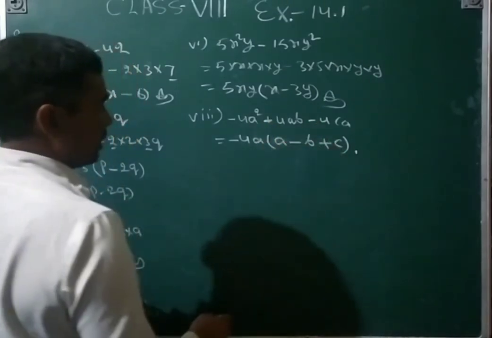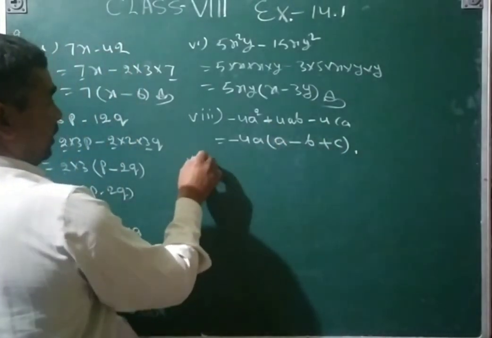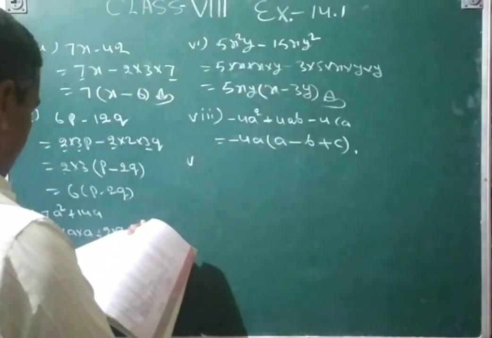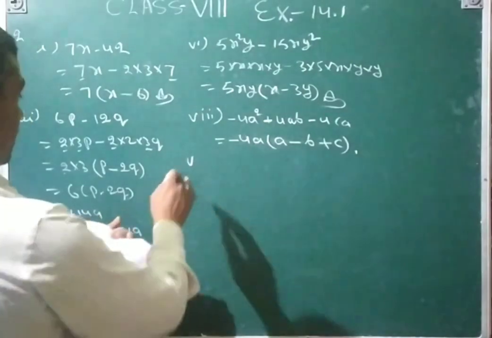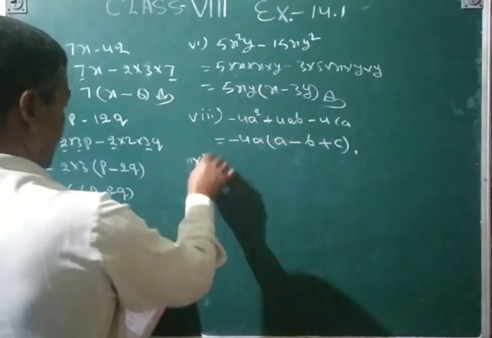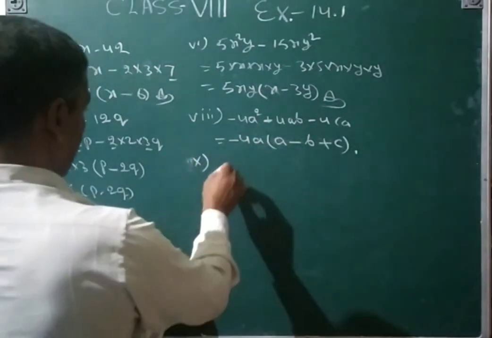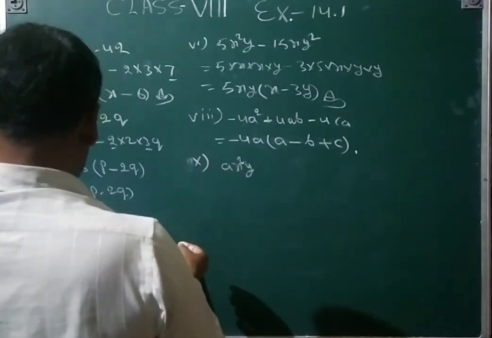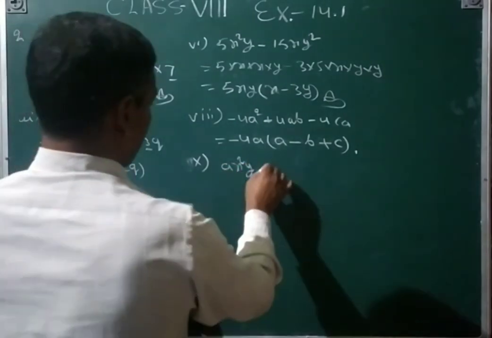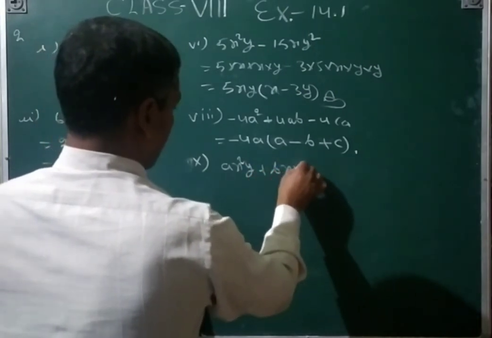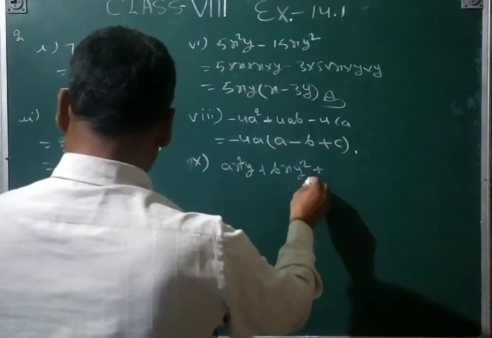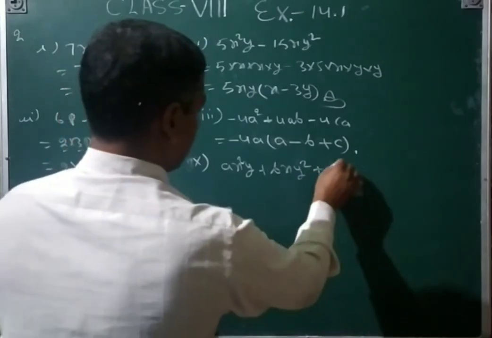Then see the last part, the 10th part: ax square y plus bxy square plus cxyz.